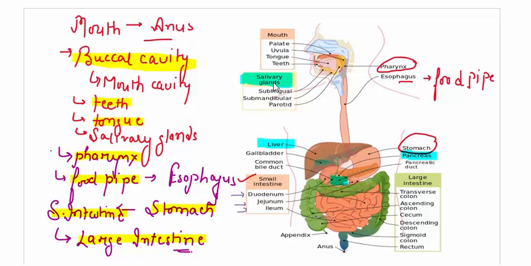So salivary glands, liver, pancreas, these are the glands. In the stomach, gastric glands are present which secrete the gastric juice, and in the intestine, the intestinal glands are present to secrete the intestinal juice, right? So these many secretions we have to consider for the digestive process.